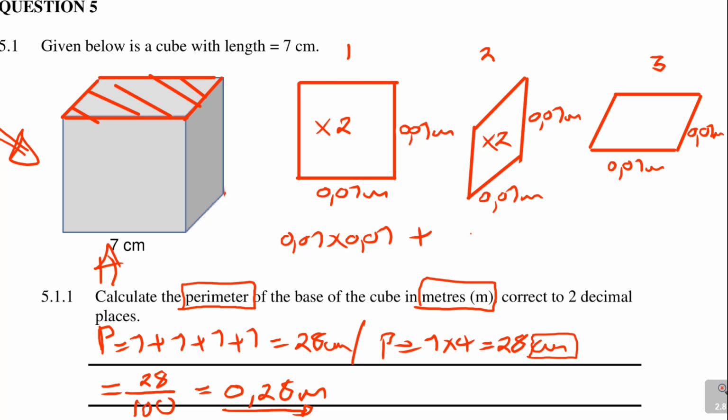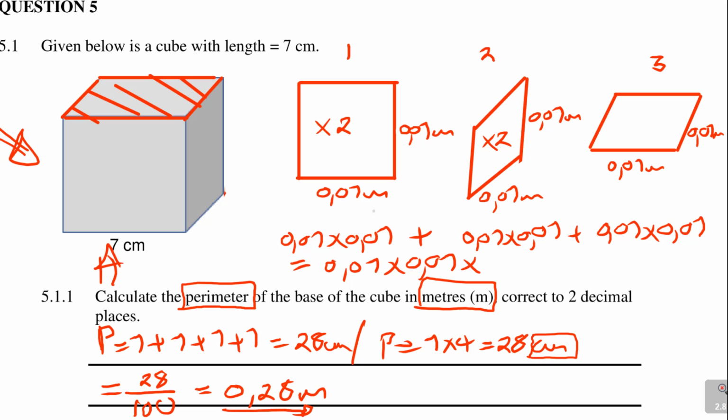Plus, on this one again, 0.07 times 0.07, and then plus 0.07 times 0.07. So you can see that in here we are actually saying 0.07 times 0.07. How many times? 1, 2, 3. 3 times.